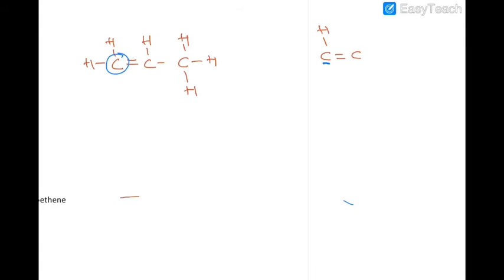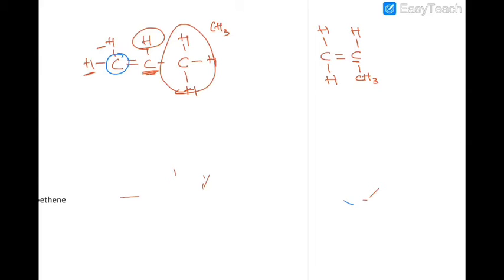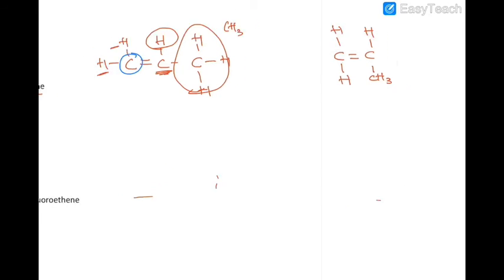And this one has H and H. And this carbon, the second carbon here, has H, and this is a CH3 group. So H and CH3. It doesn't matter if you put the CH3 on top or the H at the bottom. It really doesn't matter. The important part is that you respect the group attached to each carbon.